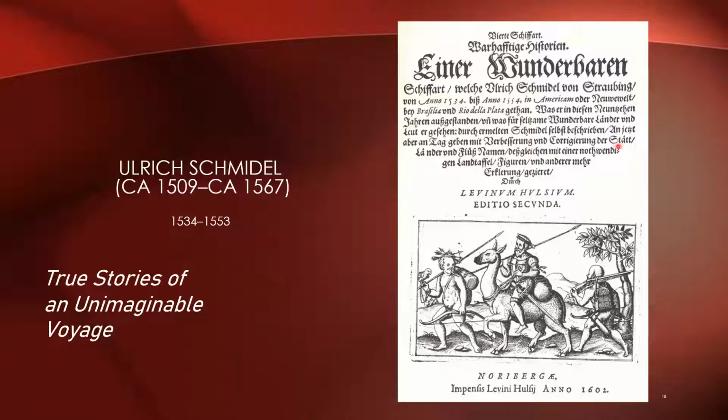And here we have the title page from the first book. This is the second edition in 1602. A title translated into English is True Stories of an Unimaginable Voyage. It was published originally in Frankfurt, Germany in 1567.